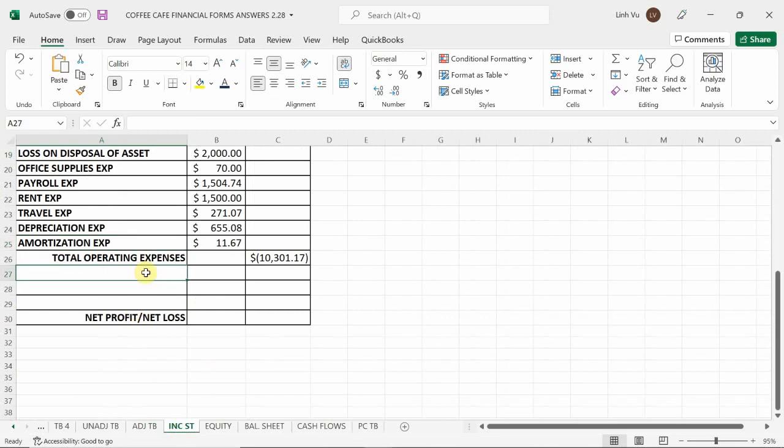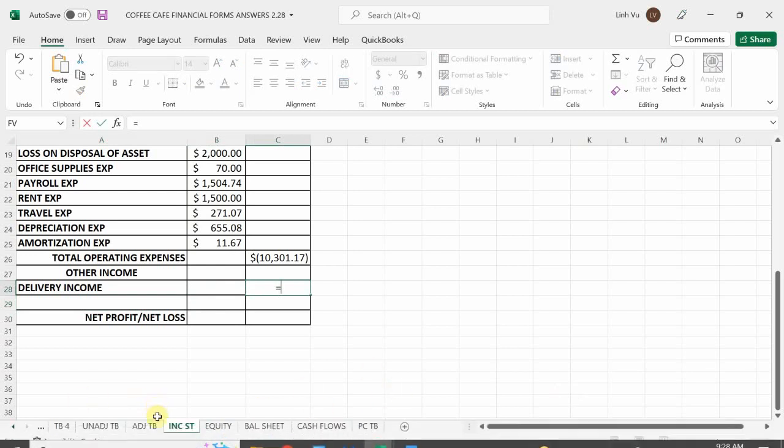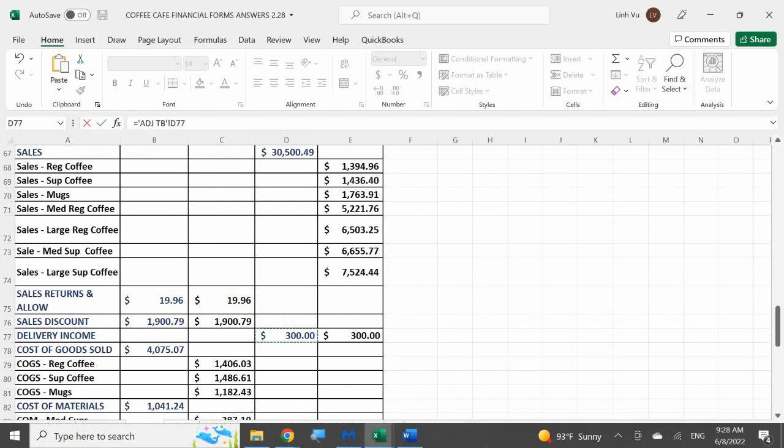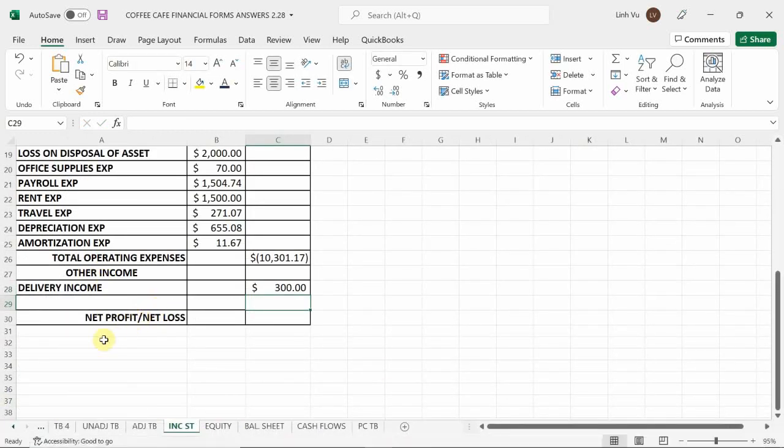And that other income is going to be referred to as your delivery income, which increased your income by $300. Okay, so now you need to calculate your net profit / net loss.